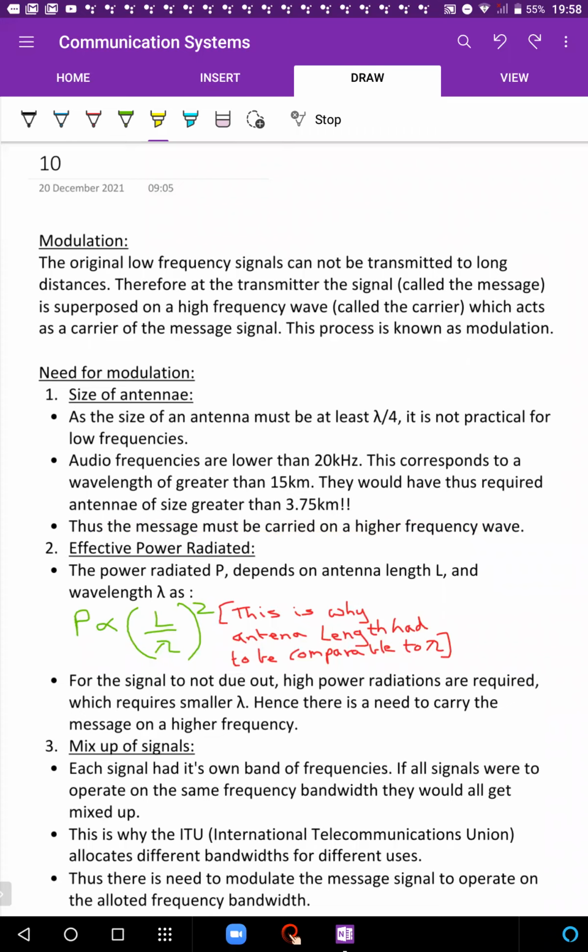Effective power radiated. Okay, so again, a theoretical, you don't need to know where this comes from, but a deeper theoretical study shows that the power radiated, one of you is saying, why can't the size of the antenna be less than lambda by 4? So again, these are empirical values. So the thing is, your wavelength is big, right?